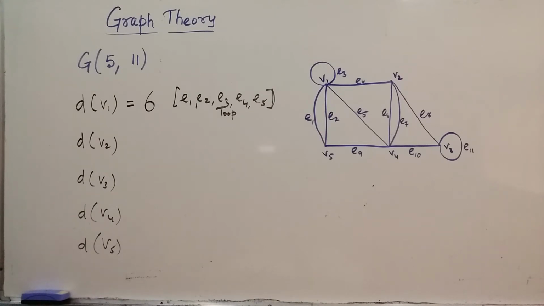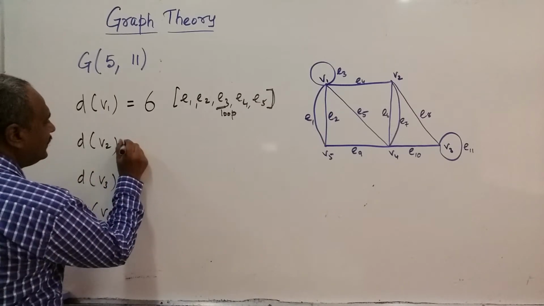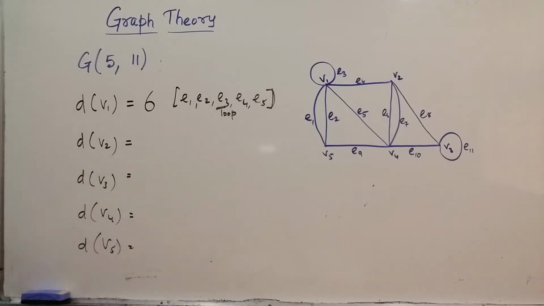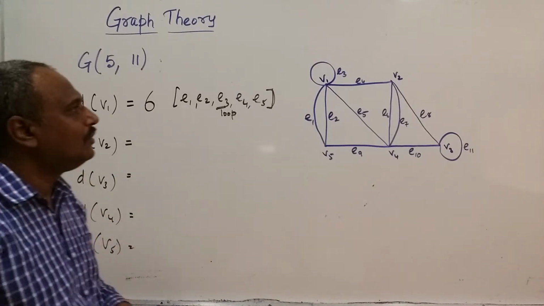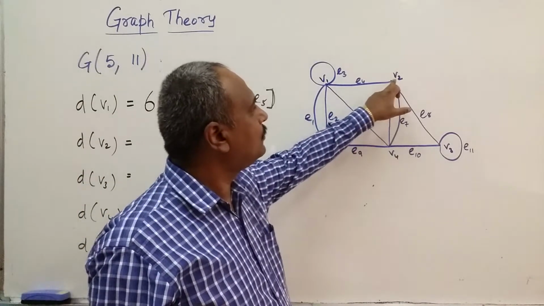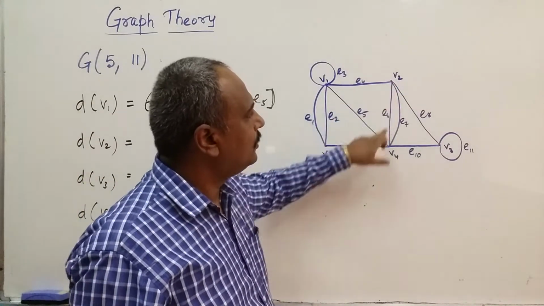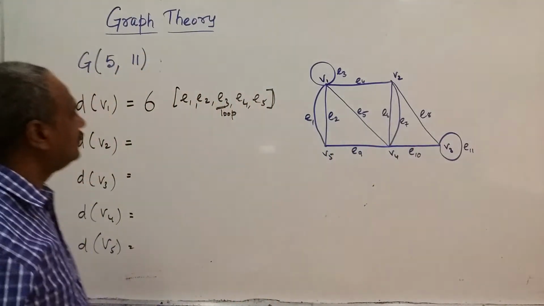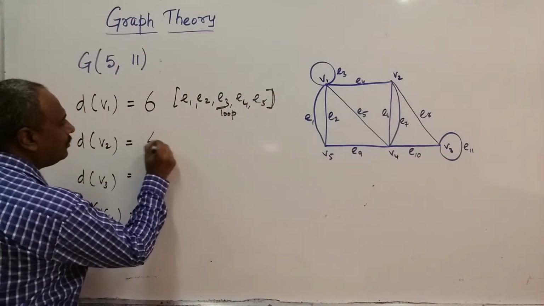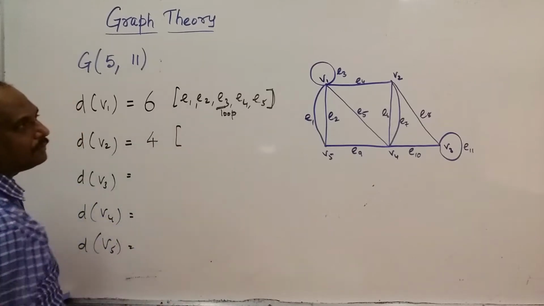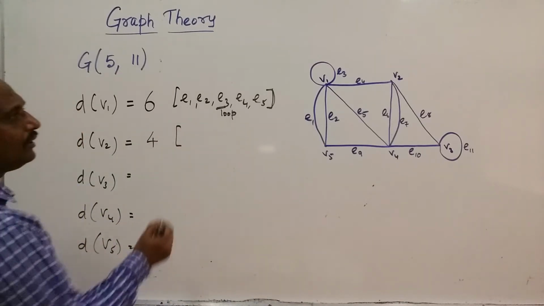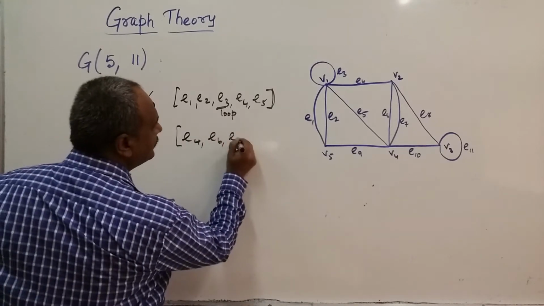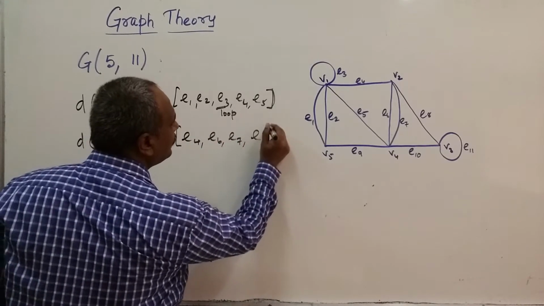In the same way, we are going to find the degrees of the other vertices. What about V2? We have 1, 2, 3, 4, isn't it? We have 4 edges passing through V2: E4, E6, E7, E8.